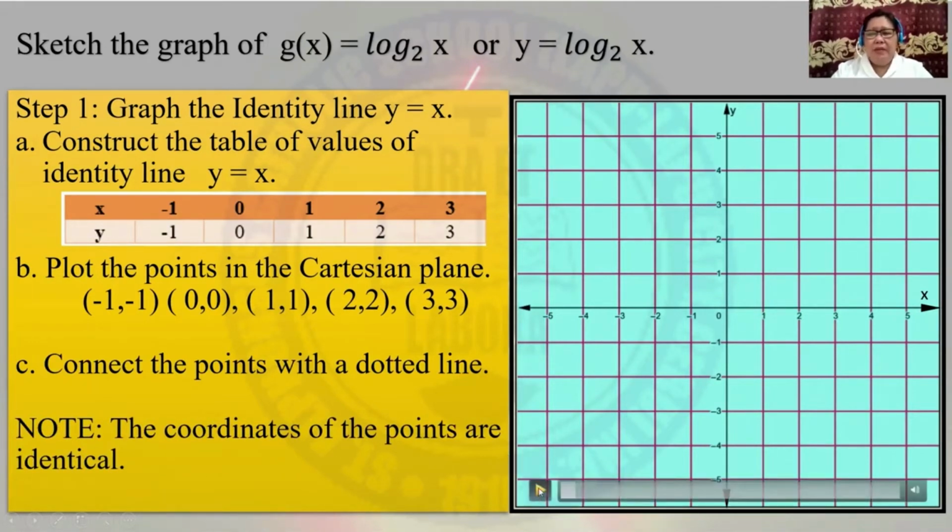So let us have now the graph. Plot -1, -1, 0, 0, 1, 1, 2, 2, and 3, 3. And then connect with a dotted line. So this is the graph of y is equal to x.